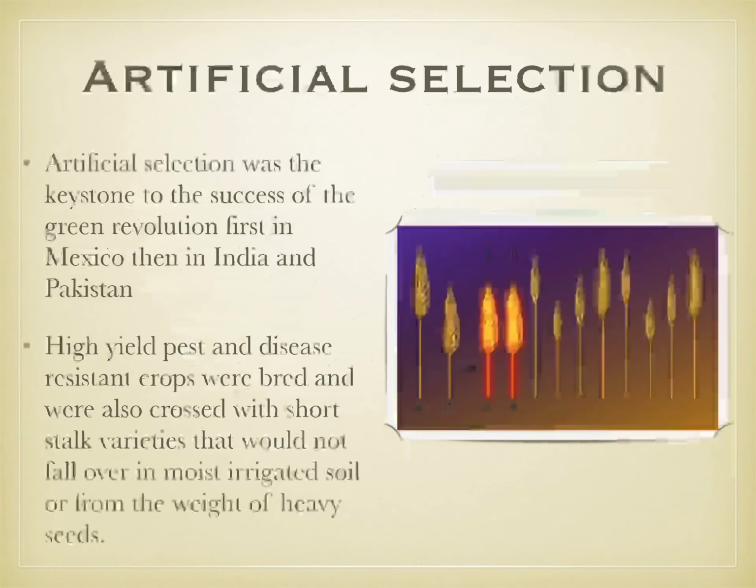Artificial selection, you know about artificial selection. There's a guy called Norman Borlaug who was one of the pioneers of artificial selection in crop plants, and he led what was known as the Green Revolution first in Mexico. They had a lot of problems with their crops not being able to keep up with the needs of the people.